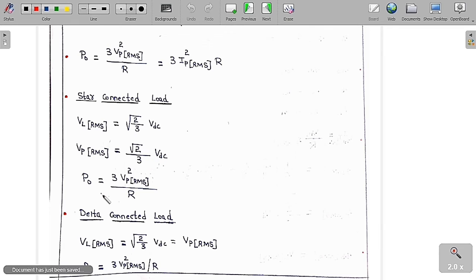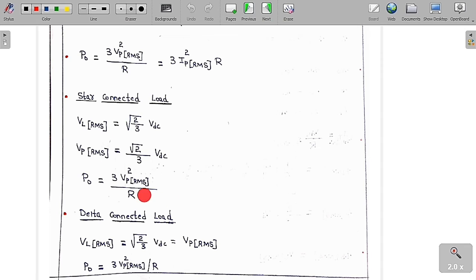The average power consumed by the load is 3 into V phase RMS whole square by R, so substitute the phase voltage and simplify. Suppose the load is delta connected, then try to convert this delta load into a star load, and then apply these formulas.